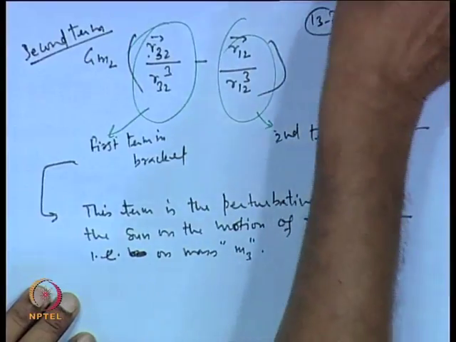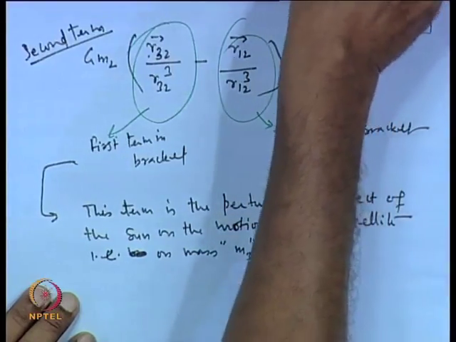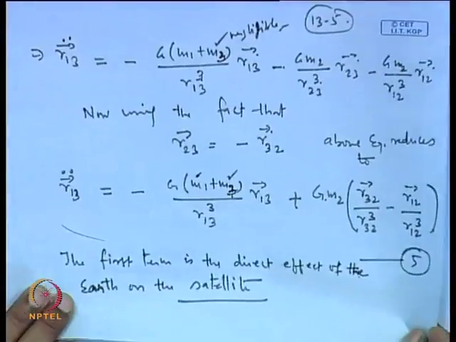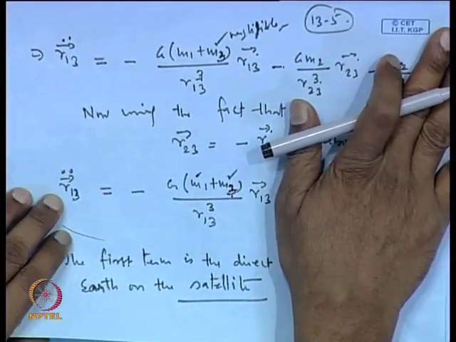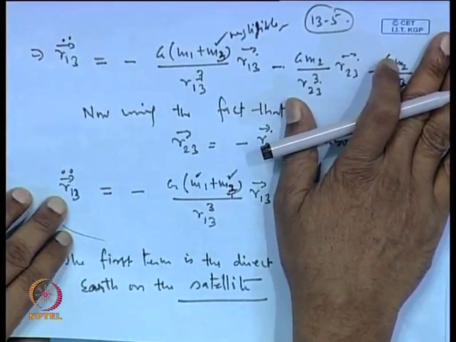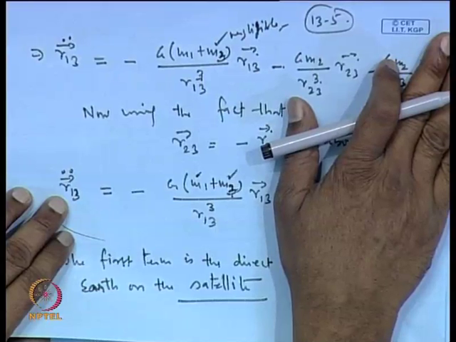This directly tells that if we have only two bodies, M1 and M3, present and M3 is moving around M1.